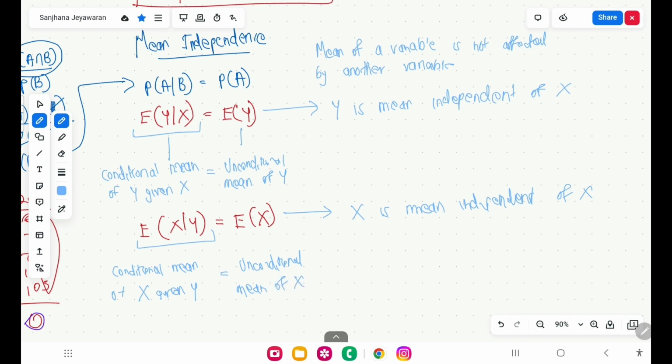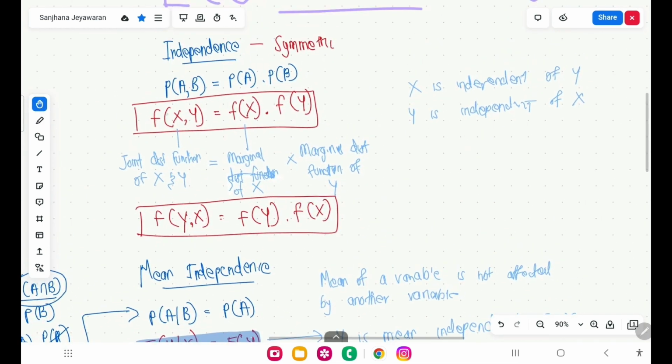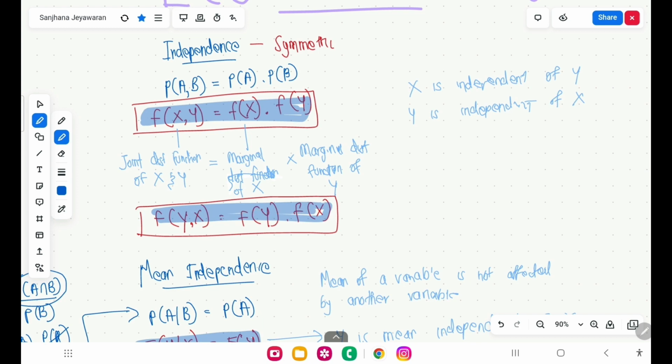Alright. But the most important thing you have to remember over here is, since this is true, we can never say that this is also true. In independence, we said that when this is true, automatically this is also true, and that's why we refer to this concept as symmetric.